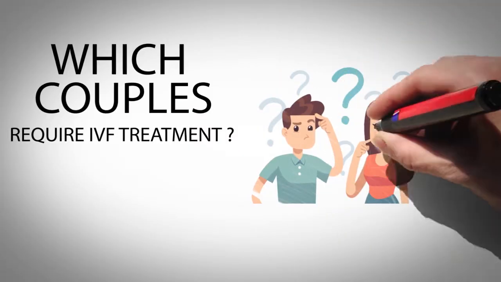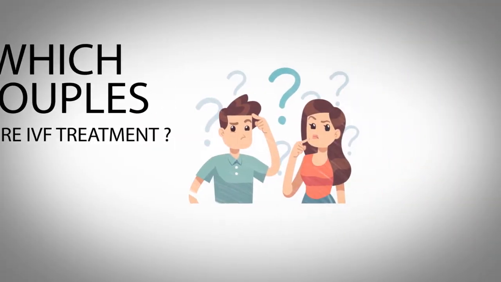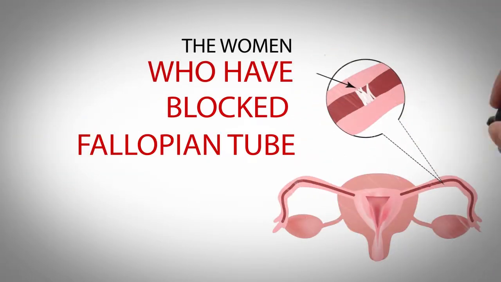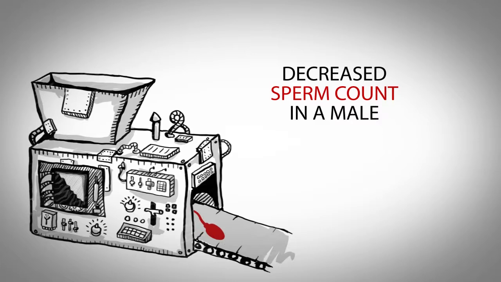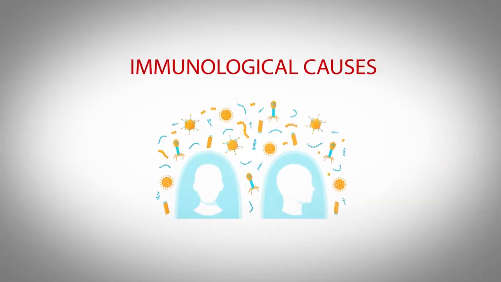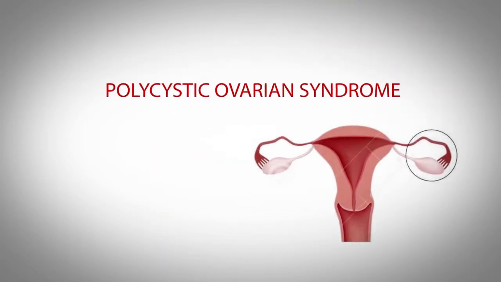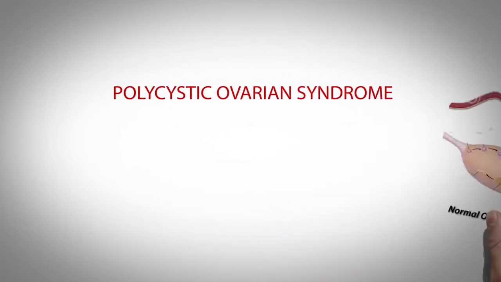Which are the couples that require IVF treatment? The women who have blocked fallopian tubes, the male who has decreased sperm count, the women with immunological causes and polycystic ovarian syndrome.